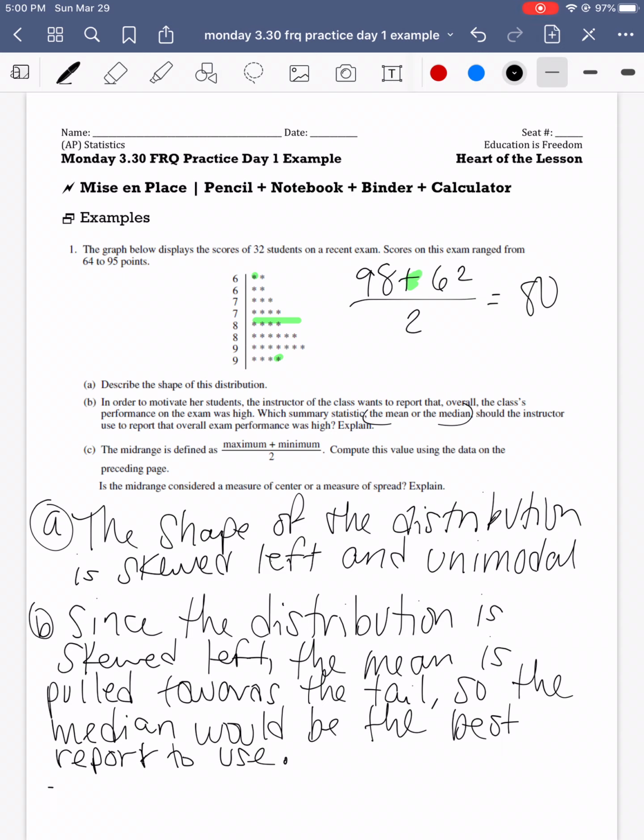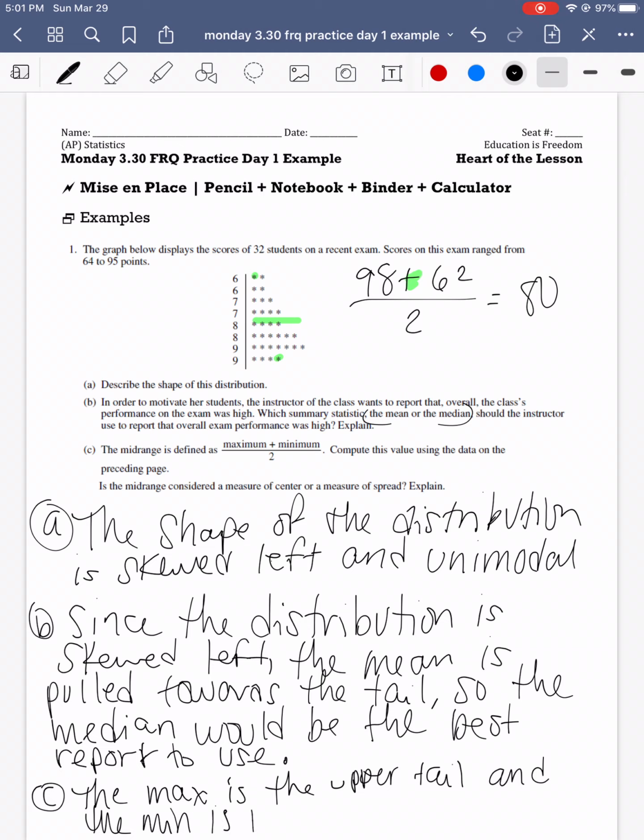So let's write that down. You can say that this is the upper tail and the min is the lower tail.